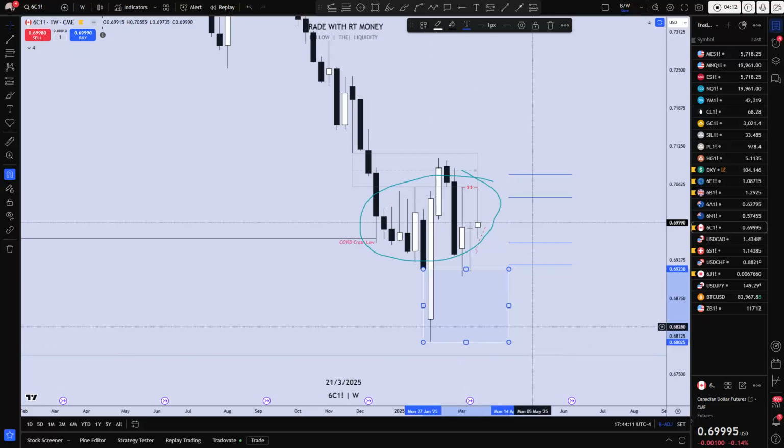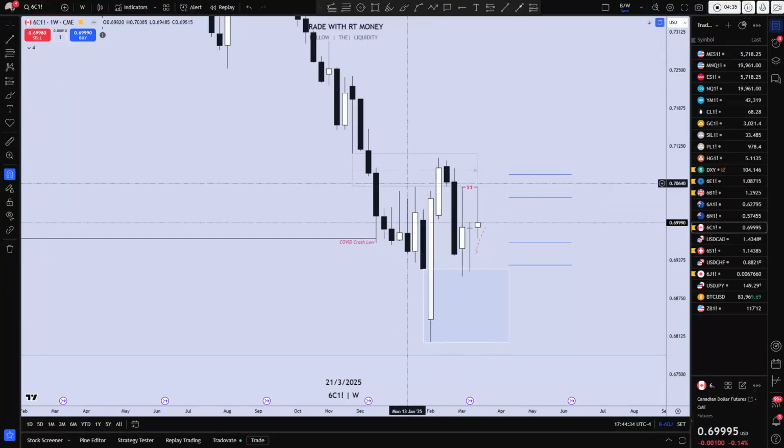This forms an area of demand where the gap closes and then opens, and then the extension by way of the wick. This puts in the bottom of the demand zone. This puts in the top of it. And you see how price moved away, broke those highs here.